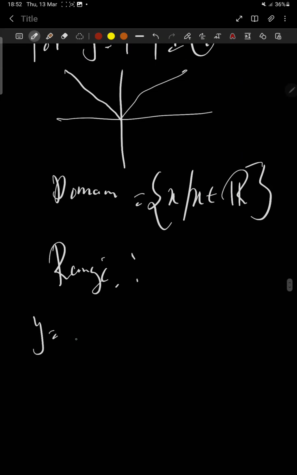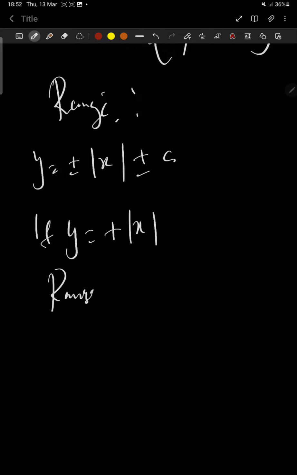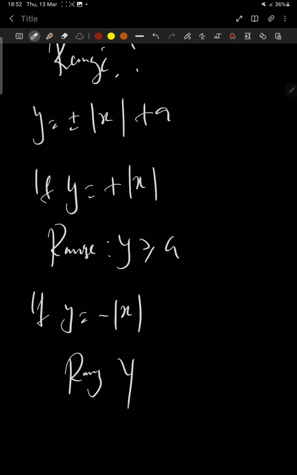If you have y is equal to plus or minus modulus of x plus or minus a, and you're having a positive modulus, the range will be y greater than or equal to whatever a is. If y is equal to a negative modulus, the range will be y less than or equal to whatever a is.